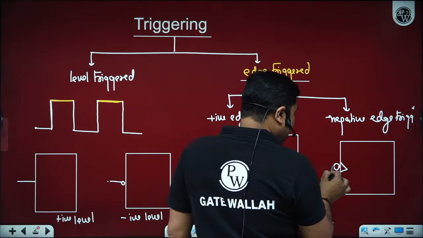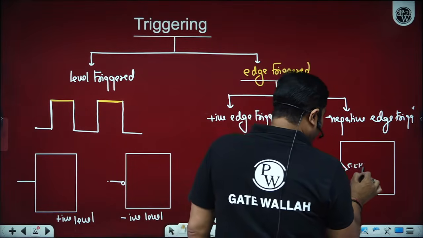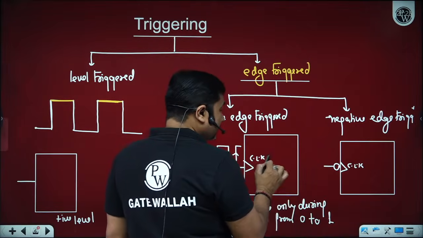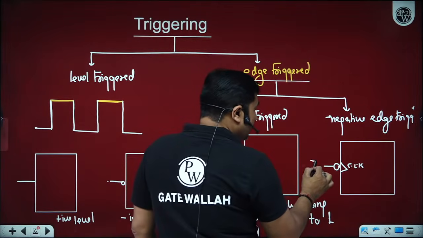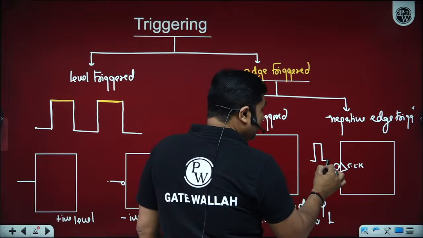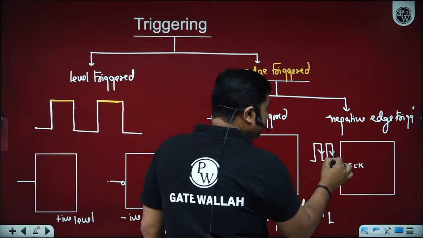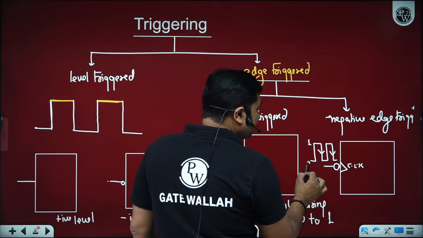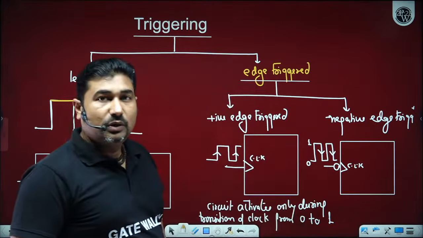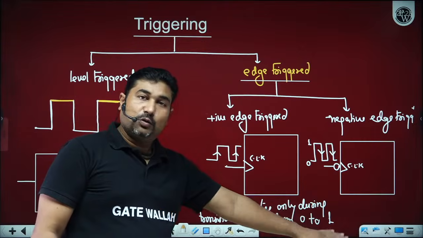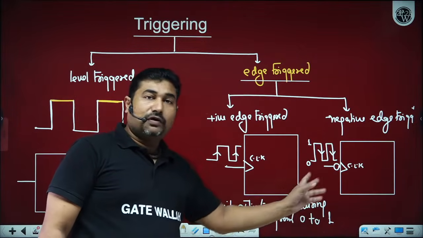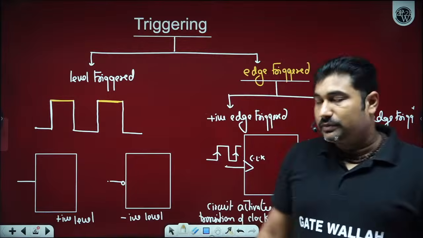Here, the clock only appears when the level changes from high to low. Just opposite, the circuit activates only when the clock transitions from 1 to 0.